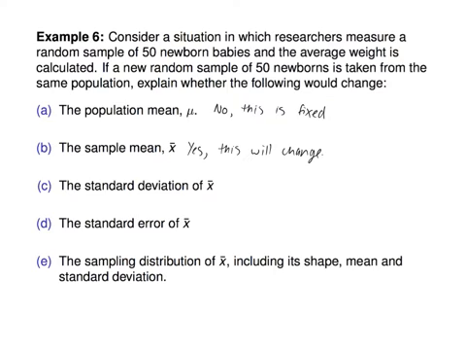And C and D, I think, is tricky, but I think I should tell you what's what. So the standard deviation of X bar, this is the true value of how your sample statistic varies. So this is unchanging.